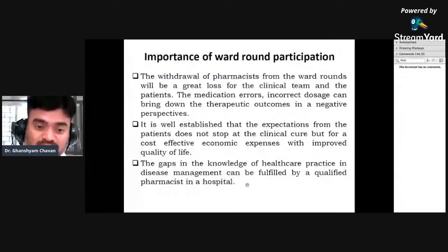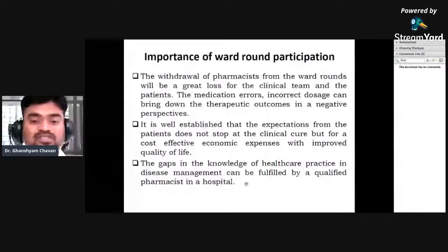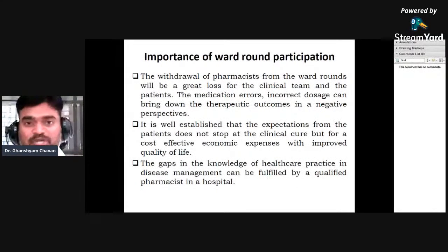That's the role of the pharmacist, because by having that knowledge, he will fill all the gaps, and any misunderstanding or misinterpretation that has occurred in the general public or community.